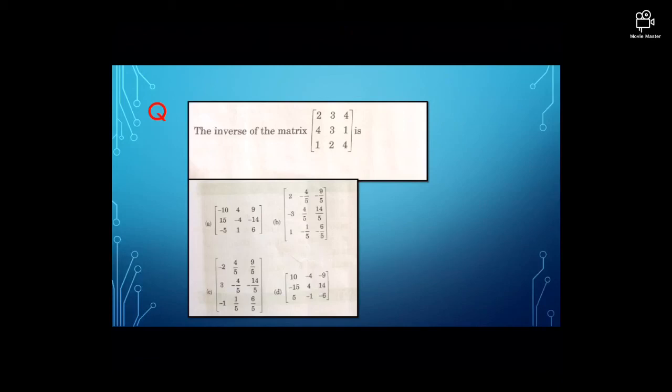Determinant A we know how to find for a 2 by 2, 3 by 3, or 4 by 4 matrix. And we know the adjoint of a matrix is the transpose of the cofactor matrix. We also know how to find the cofactors. So the determinant A, we are getting it as minus 5.